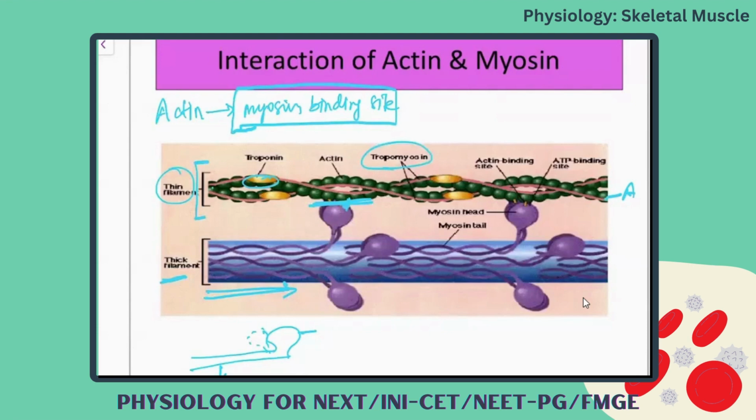So thin filaments contain actin, troponin, tropomyosin. Actin is a globular structure, the bead-like structure which is arranged together in a single thread-like manner. This actin contains a myosin binding site where the myosin is going to attach with the actin in the presence of a stimulus.